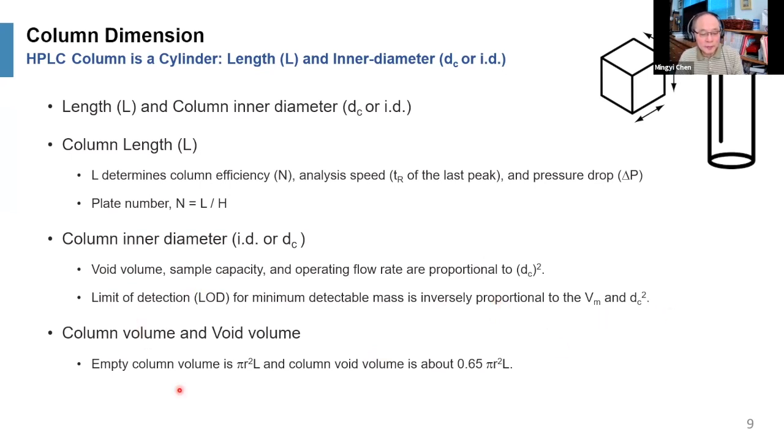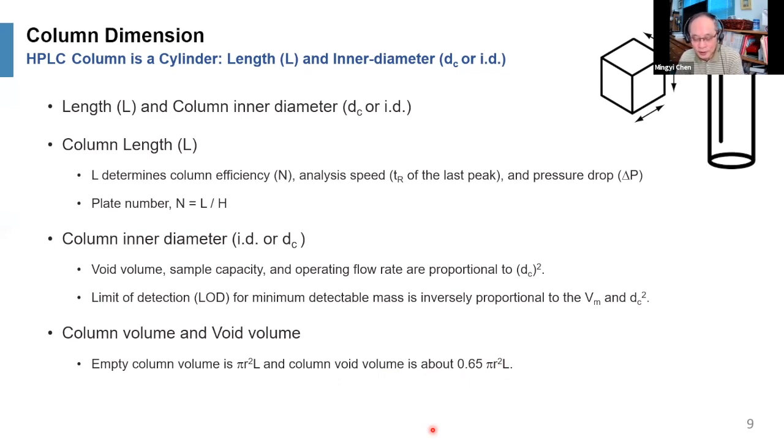The column void volume is equal to the empty column, right? Because it's a cylinder, so the empty column is pi r squared L. And then the void volume is about 65% of the empty column, right? Now, what is the void volume? The void volume is the volume occupied by the mobile phase inside the column. Since you have a silica porous particle in there, right?